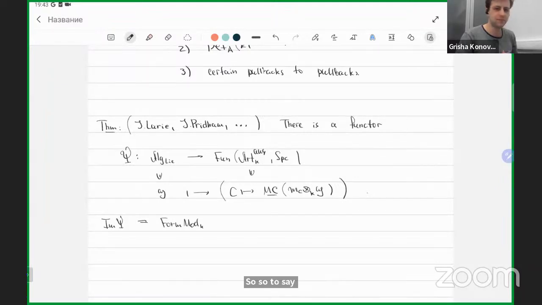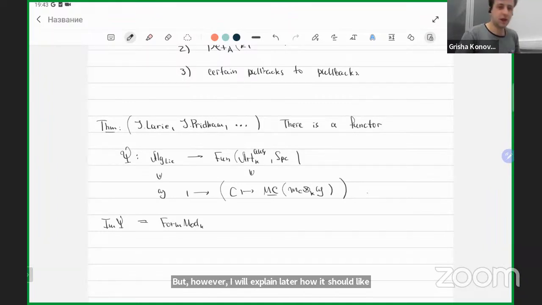However, I will explain later how it should work in reality. And the thing with that homological condition is that we can work with a smaller category which consists of algebras which are really finite dimensional over the base field.